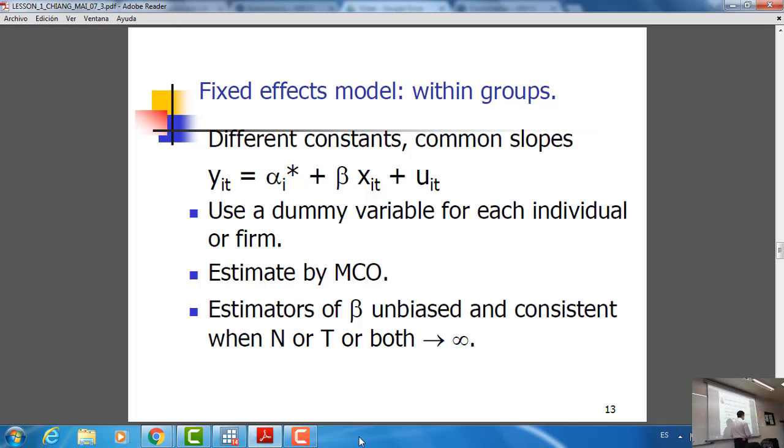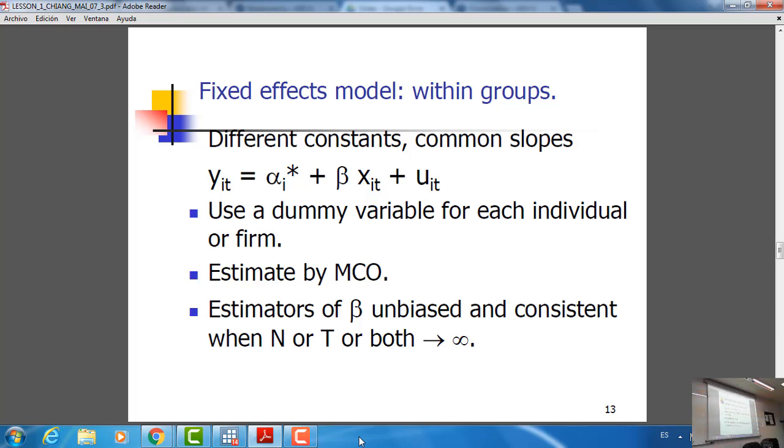Then just to remind you, in the case of the very simple model that I was talking about, you can estimate it using OLS. MCO is in Spanish, but OLS is in English. It is great to know that you can get unbiased and consistent estimates using OLS.